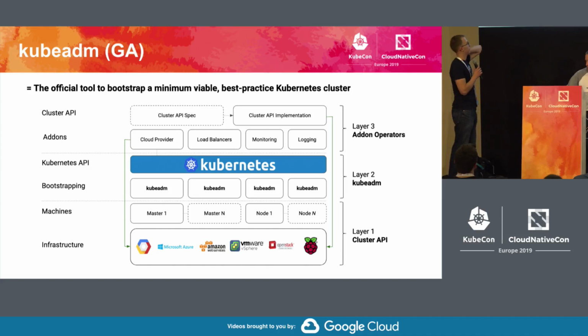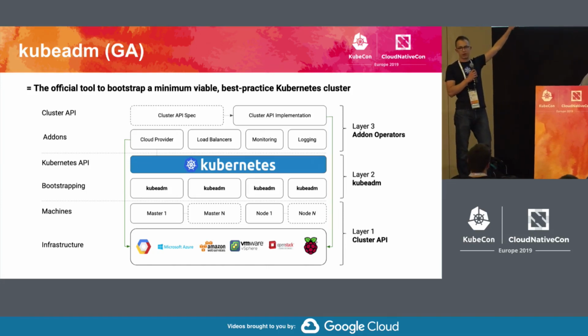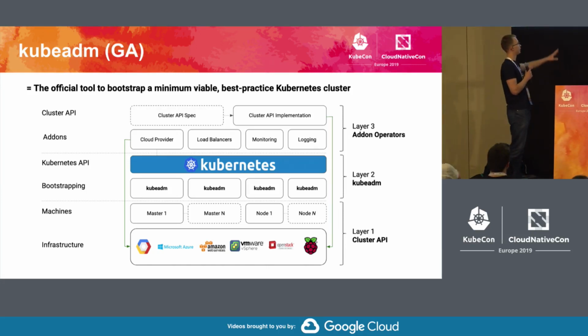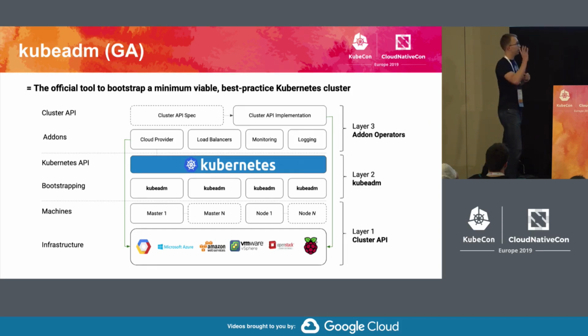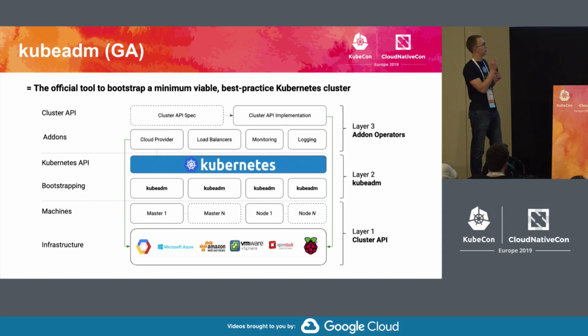Right, so when we add all the things together, it starts to look something like that. Regardless of what infrastructure we have, whether it's Google or Amazon or my Raspberry Pis at home, we have some kind of compute. And here we're trying to find consistency through the Cluster API. We'll dive into that just in a moment.